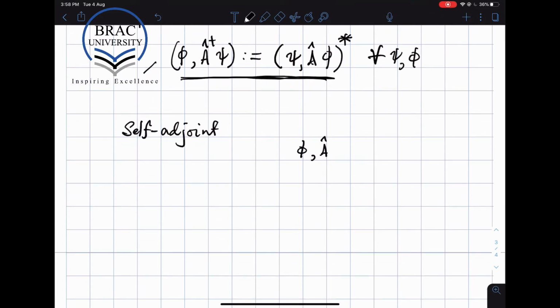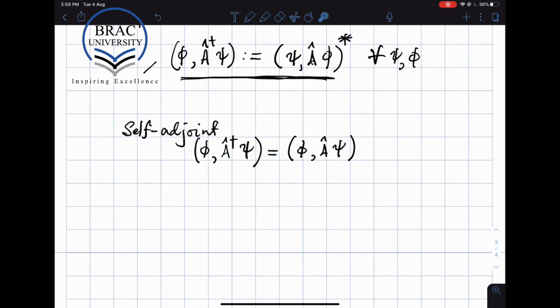So an operator is called a self-adjoint operator if for all wave functions phi and psi, this inner product is given by this inner product, meaning that it doesn't matter if it's the operator itself or its adjoint here.